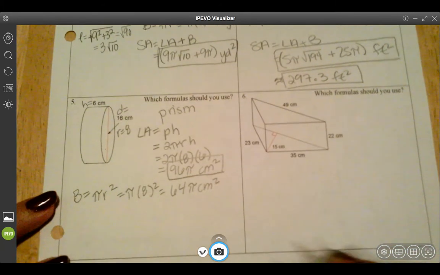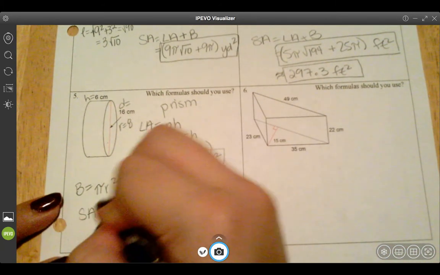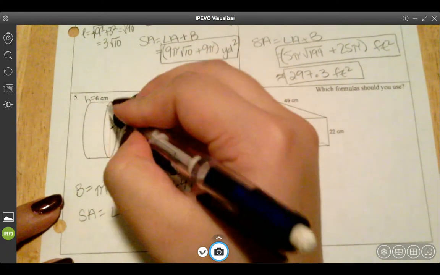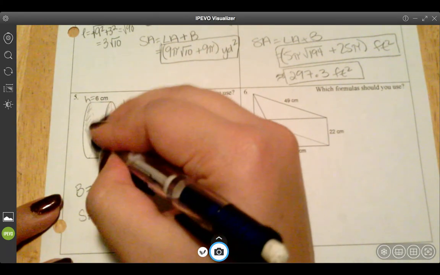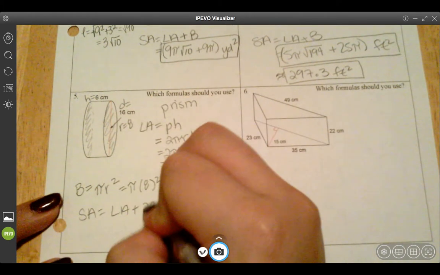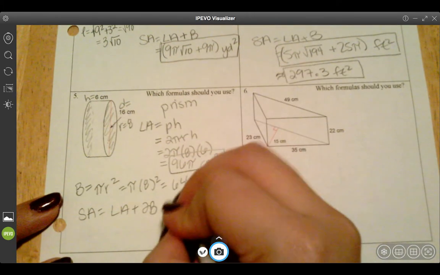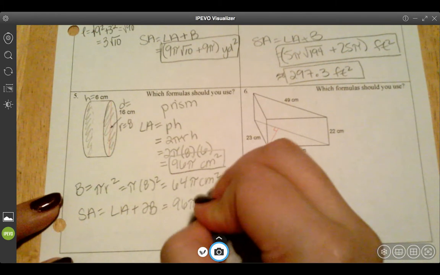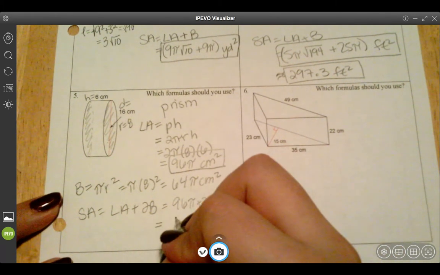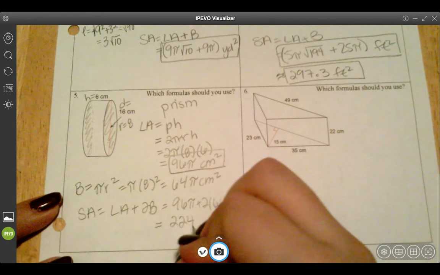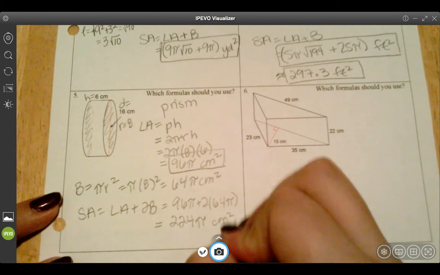And finally, surface area, which is our lateral area plus 2 bases. So that's 96 pi plus 2 times 64 pi, leaving us with 224 pi squared centimeters.